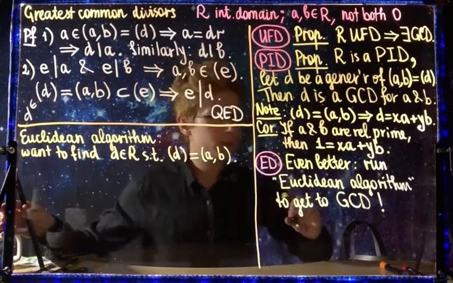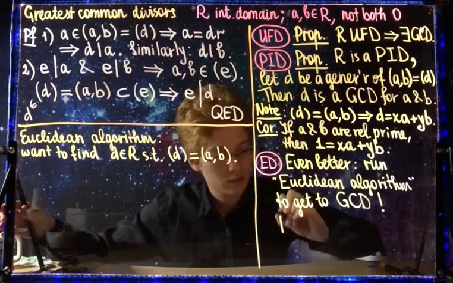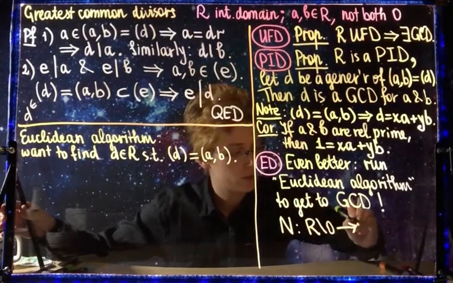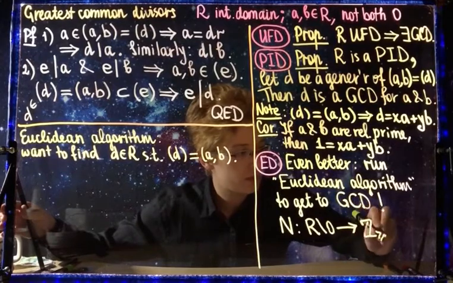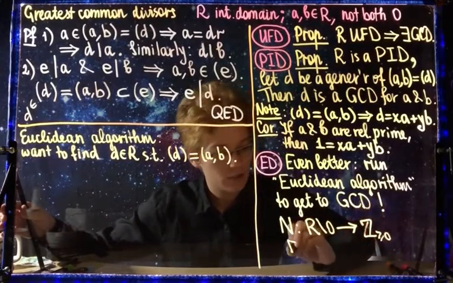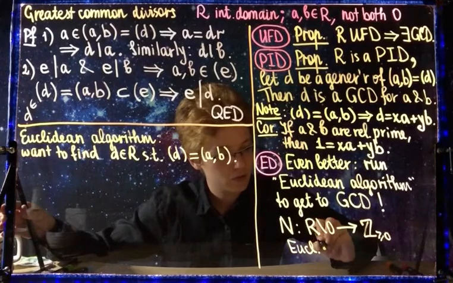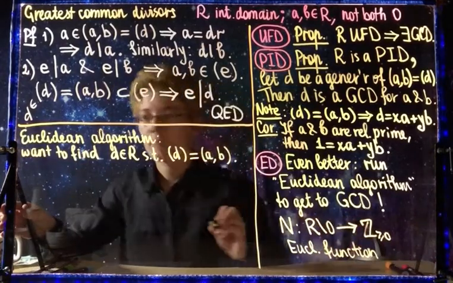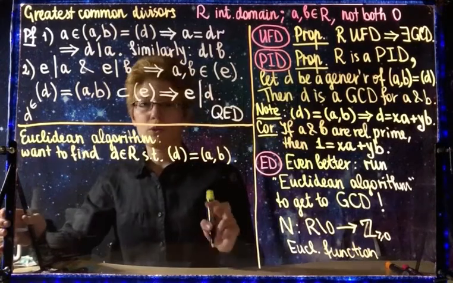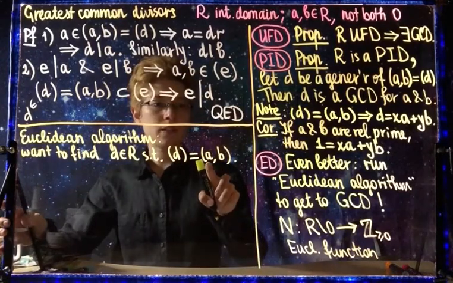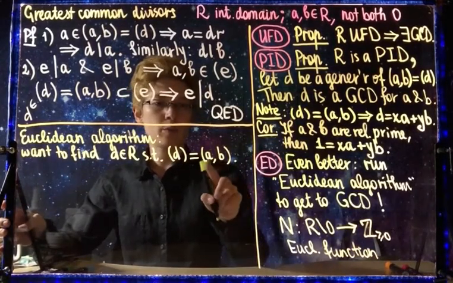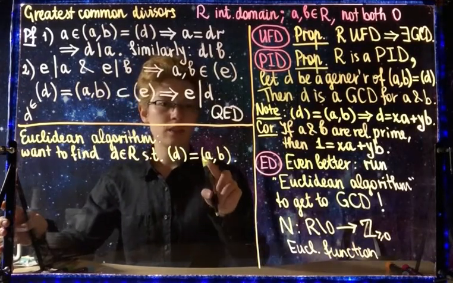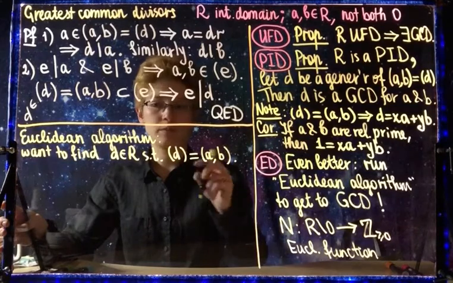If we have n from R minus 0 to non-negative integers, if this is the Euclidean function, we want to use this to divide A by B or B by A and replace one of these elements with the residue.